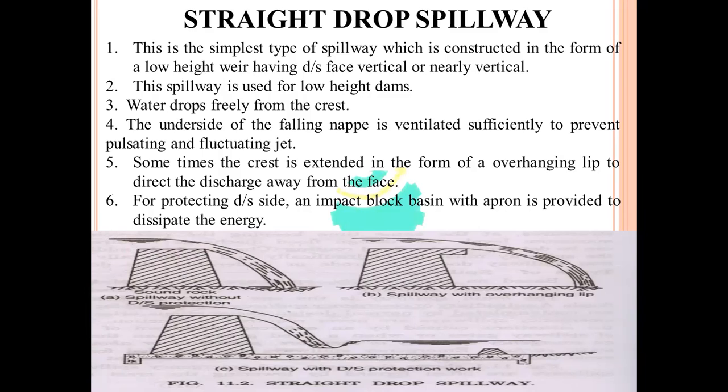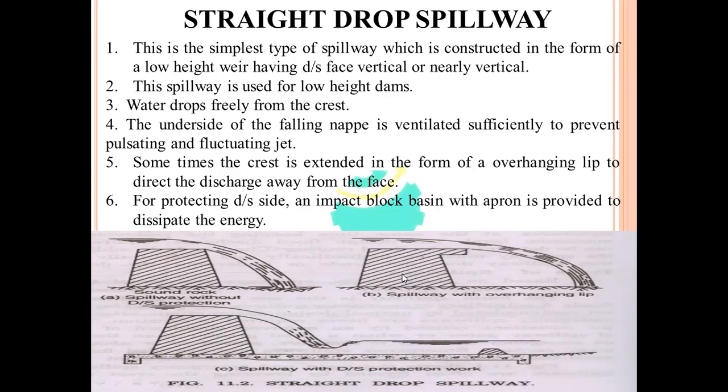So to control the force of water and the jet of water, the end is provided like this, a spillway with overtopping. Sometimes the crest is extended in the form of an overhanging lip, so depending on the structure, we must provide it like this.